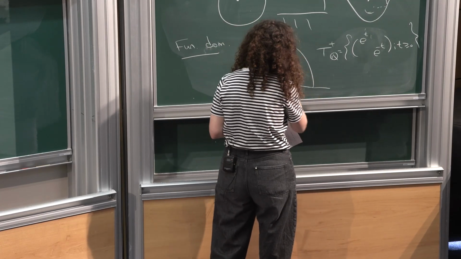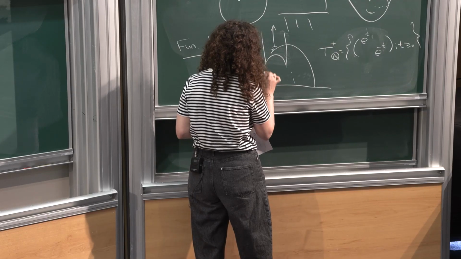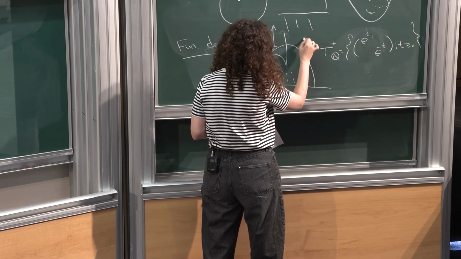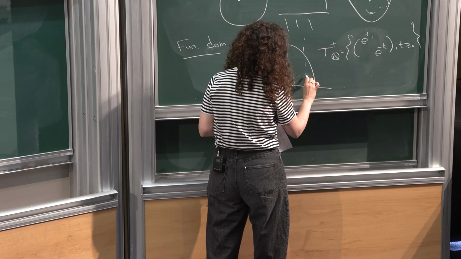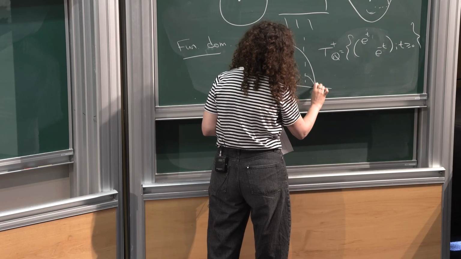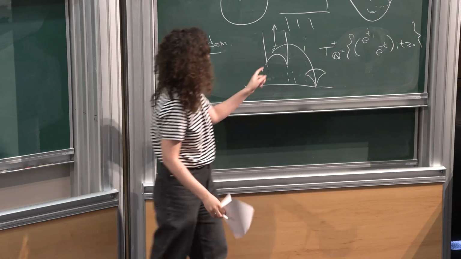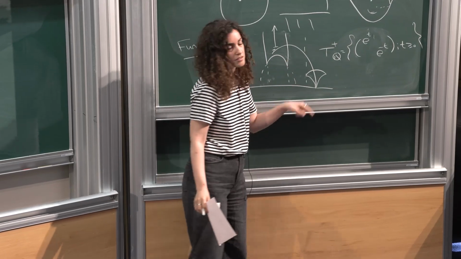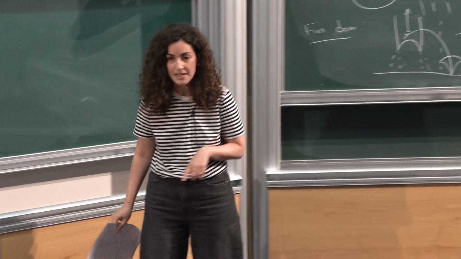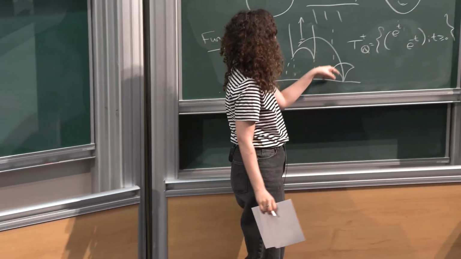And here you can continue this picture. And maybe here you have something that looks like that, so kind of another fundamental domain. So maybe at this point it's not distance minimizing, but at some point it is.